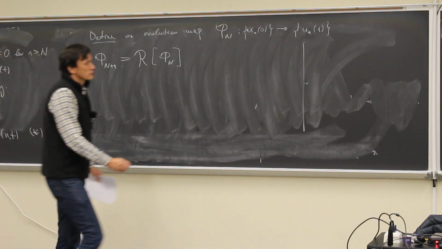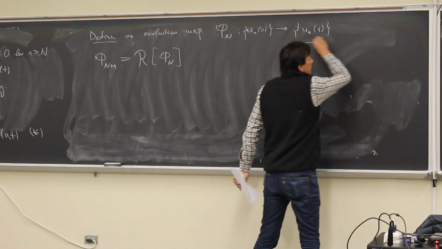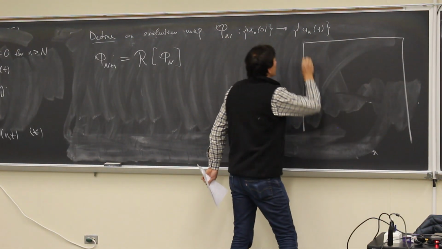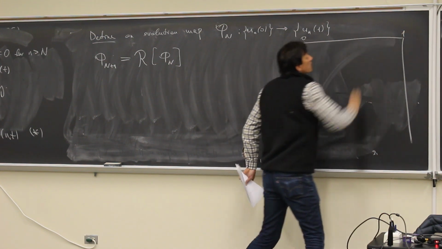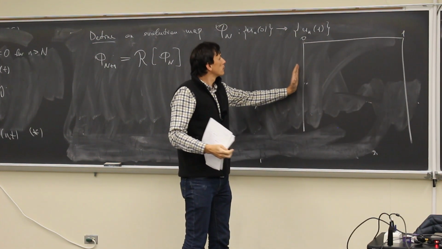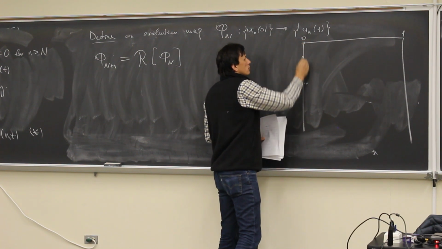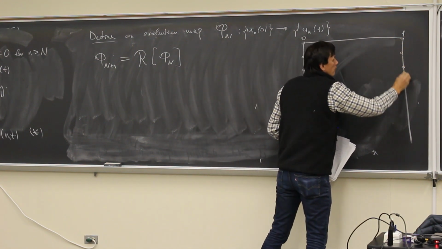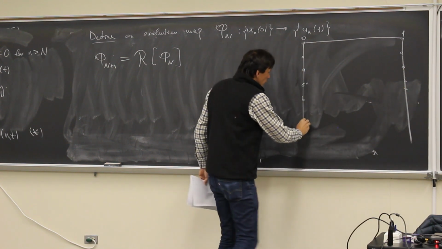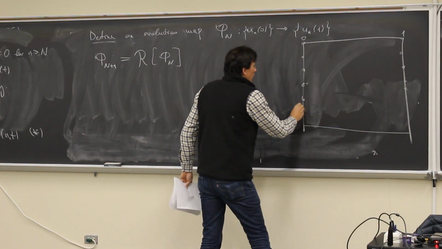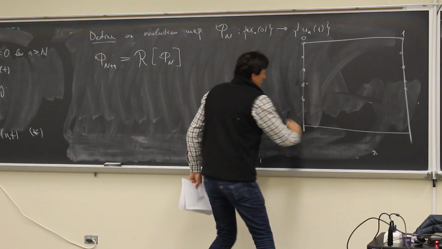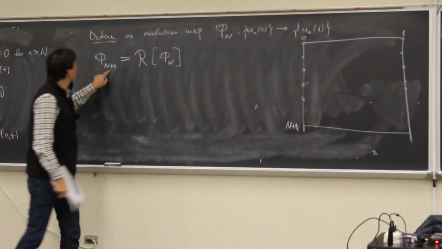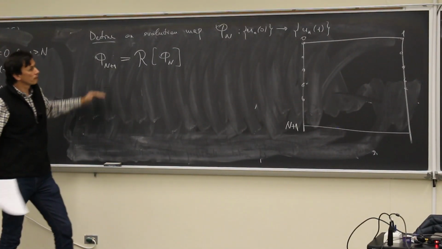So I'll just show you how to derive it. So this is our lattice. Our map maps initial condition to condition at time 1. Now let's find what happens if we regularize at one step below.